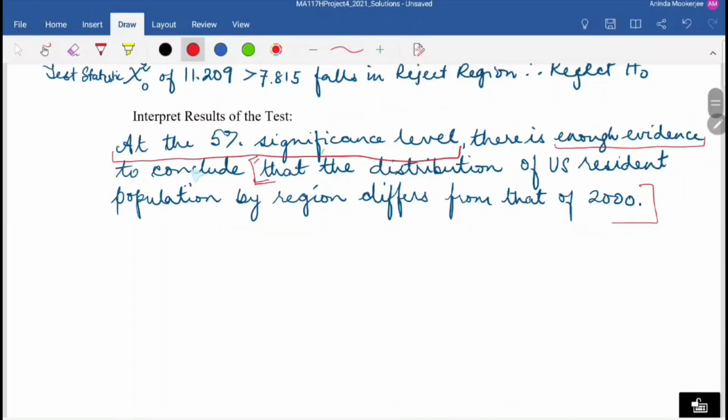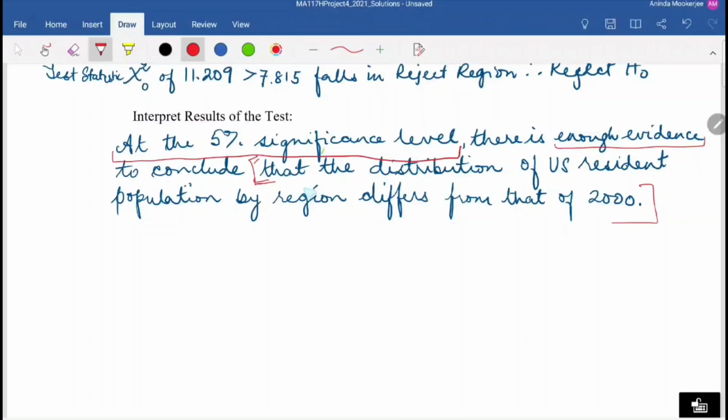Now, if you are writing that there is enough evidence to reject the null hypothesis, that's not correct. That's not a complete interpretation. You have to write whatever the alternate hypothesis states. All right.